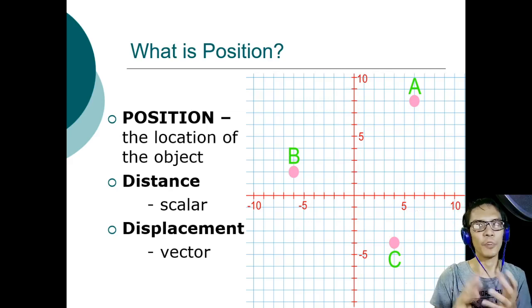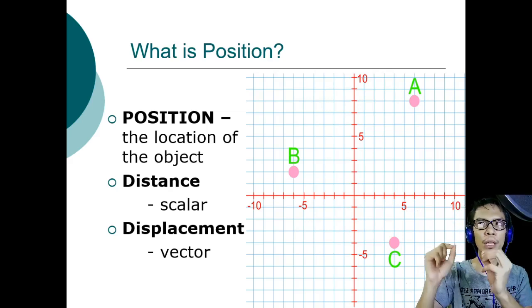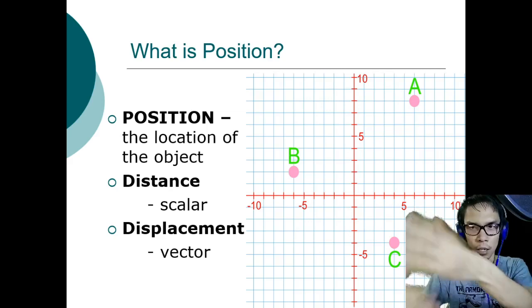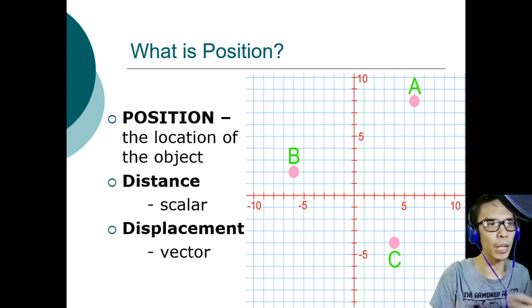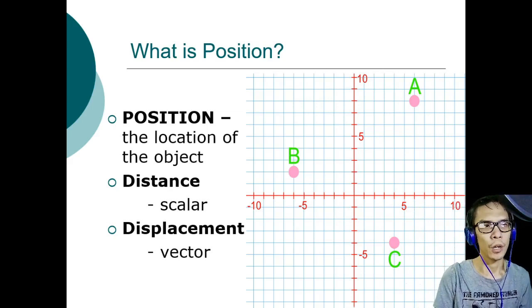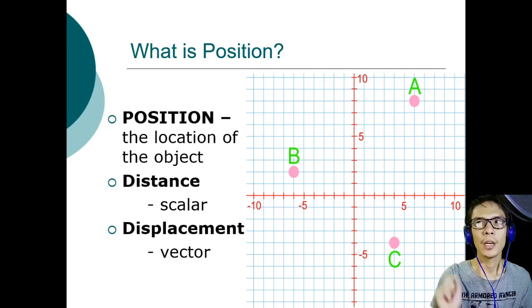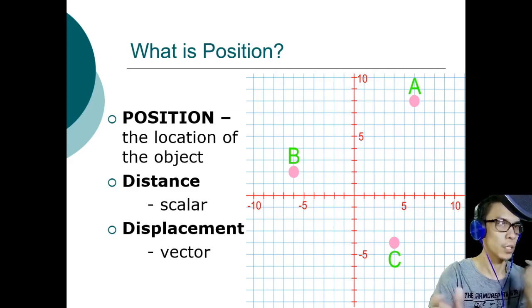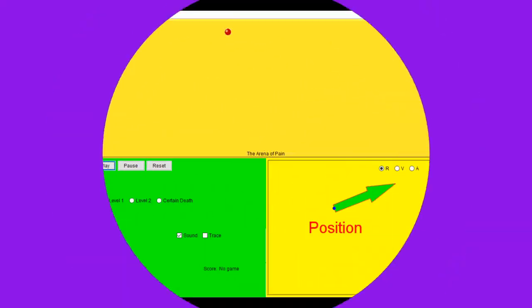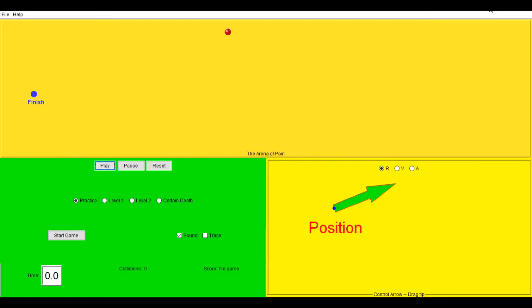Before we go to this presentation, let's take a look first at the simulation on how the simulation defines position. So let's go to the simulation. This is our simulation, and it shows us the vector arrows that you have right here for position, velocity, and acceleration.